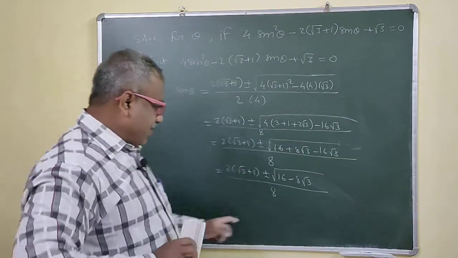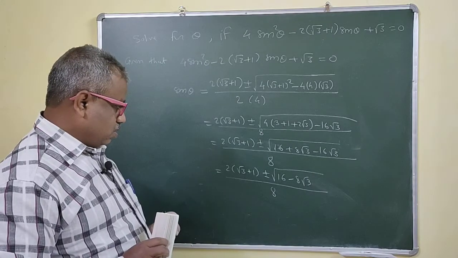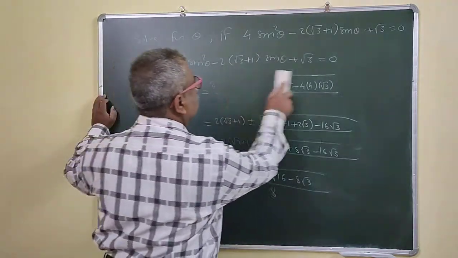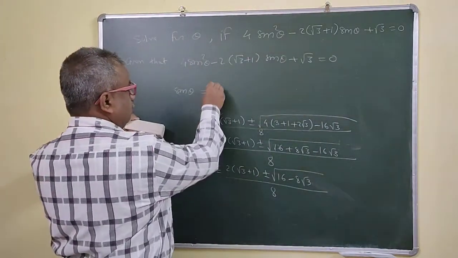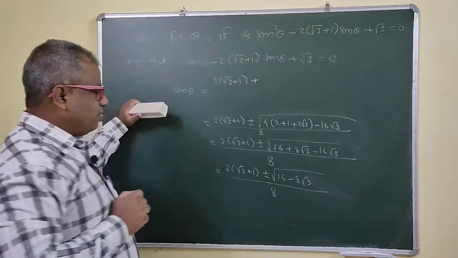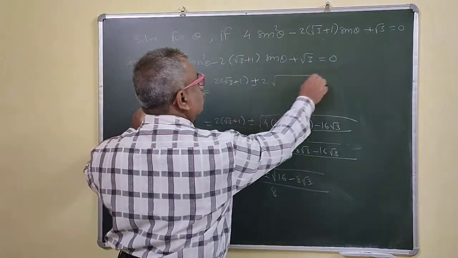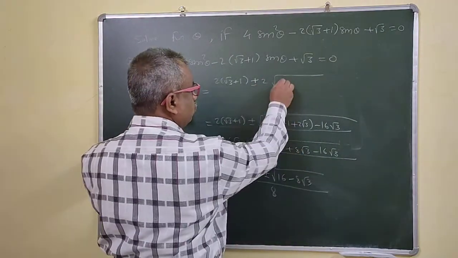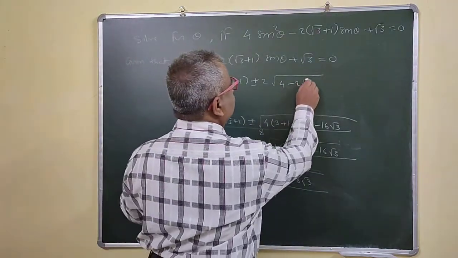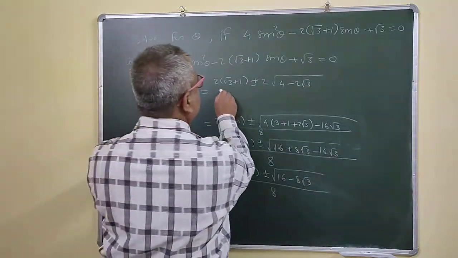So now you can take 8 common. Can you take 8 common? So at least you can take 4 common now. We'll take the 4 common. So 2 root 3 plus 1, plus or minus root of 4 common, means this is 4 minus 2 root 3, upon 8 now.